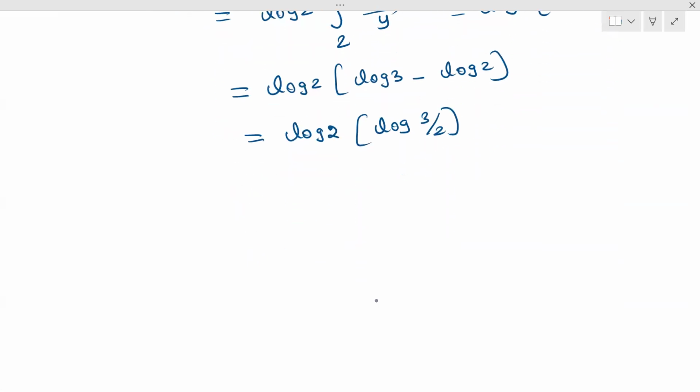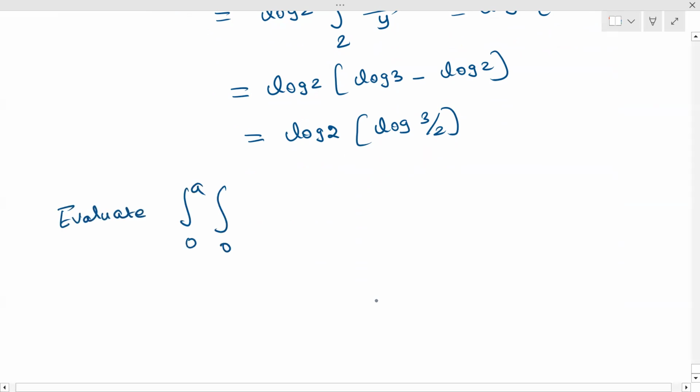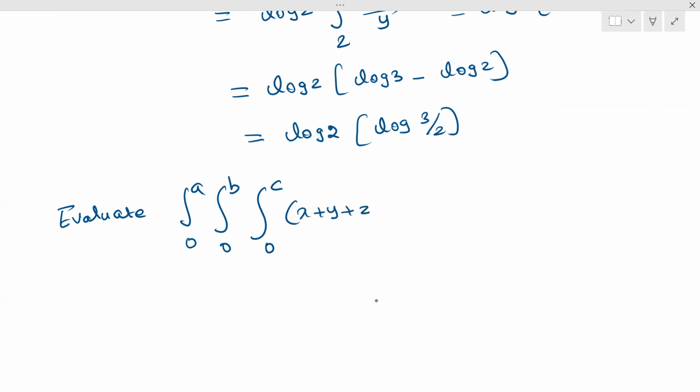So next problem, we go to a triple integration. Evaluate the integral from 0 to a, 0 to b, 0 to c, of x plus y plus z, dx dy dz.